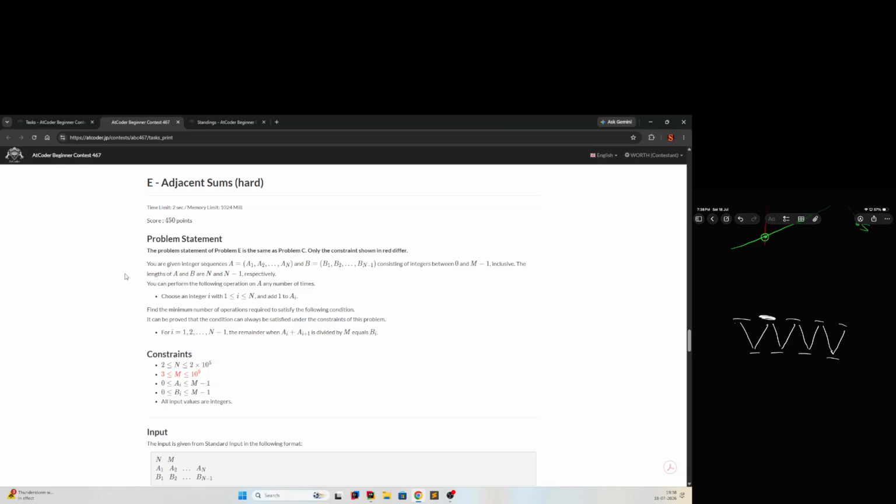Let's say I choose this one, and choose some x here. Let's say this was z, so this is going to be z minus x, and modulo m. Everything is modulo m, so z minus x. So if I add it, I get z.